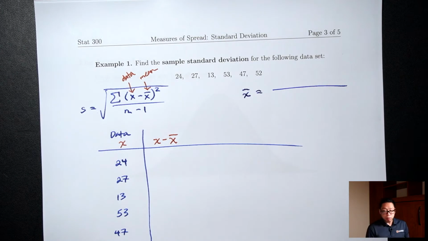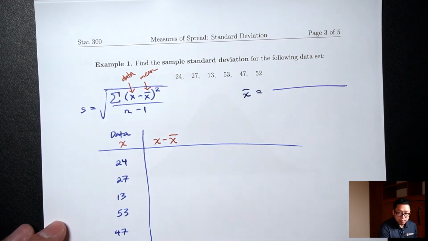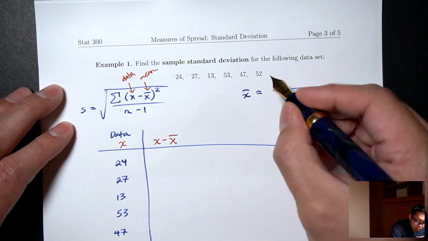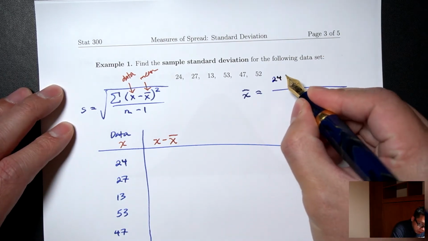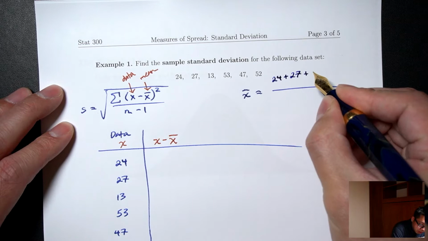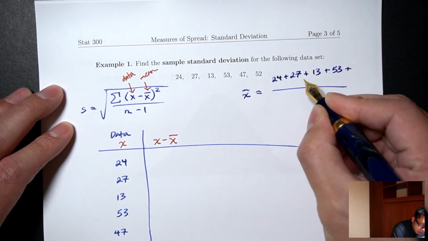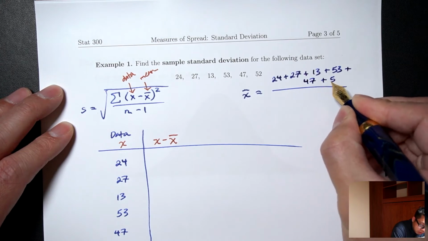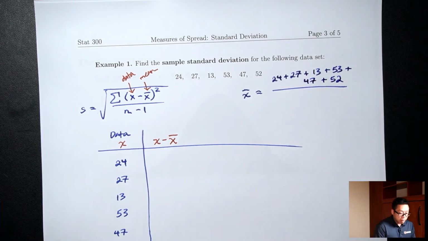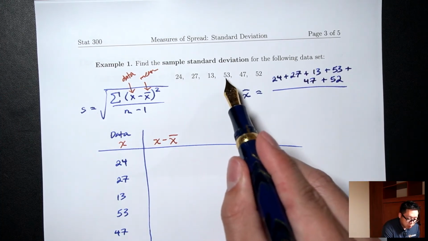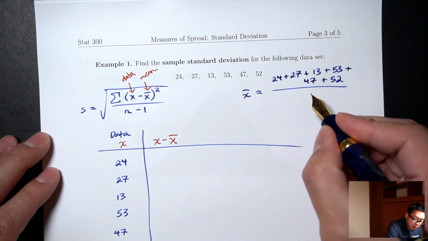The mean we know how to do, right? Just add up the data values and then divide by however many data values we have. So add up 24 plus 27 plus 13 plus 53 plus 47 plus 52. And then divide by, we have 1, 2, 3, 4, 5, 6 data values. Divide by 6.